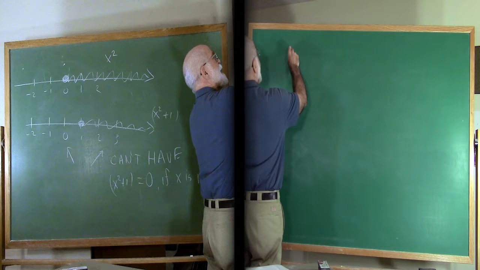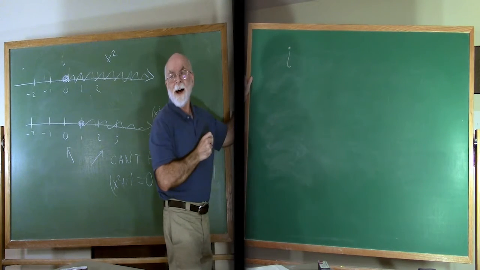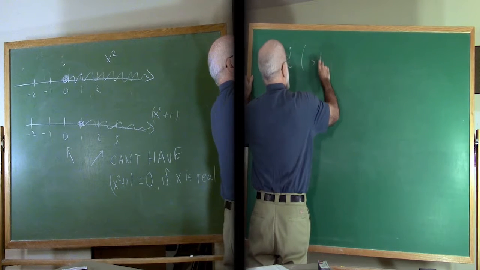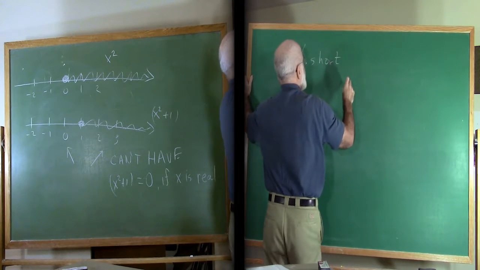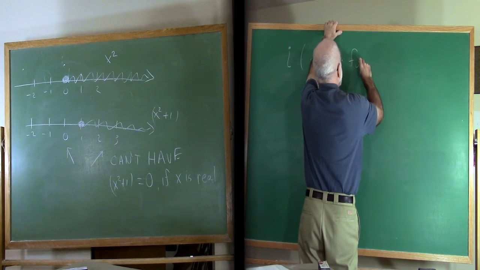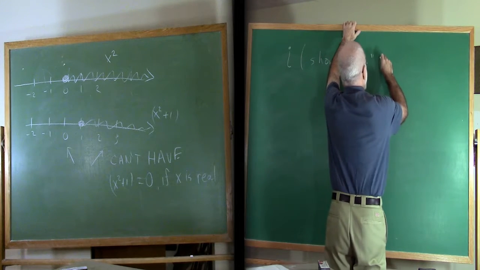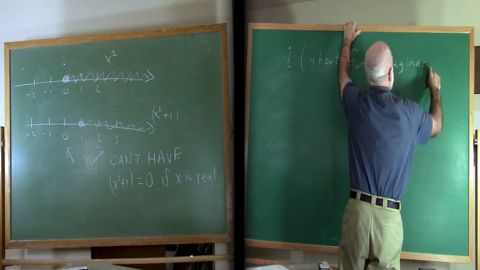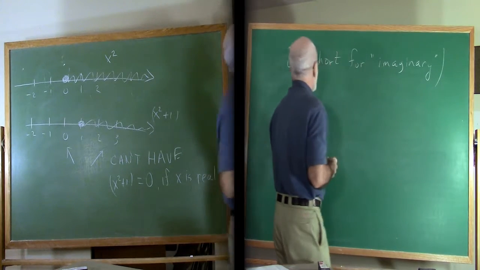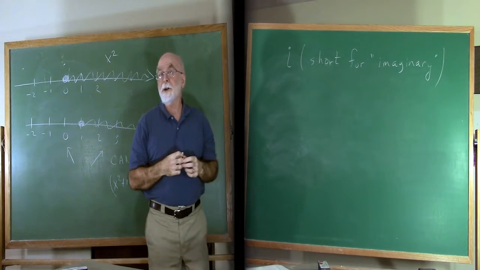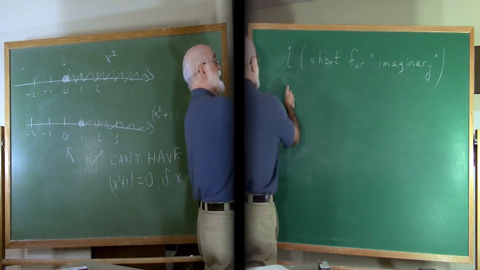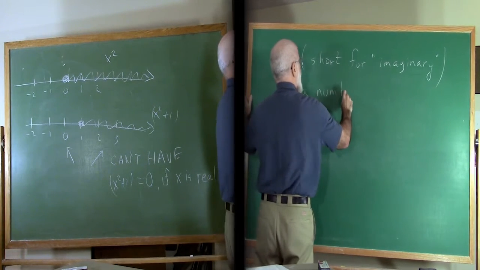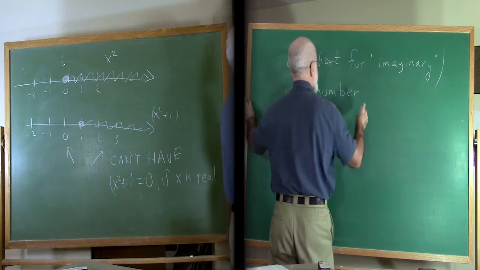We choose the letter I, lowercase I. That's short for imaginary. Not real. I is the letter for a number whose square is -1.